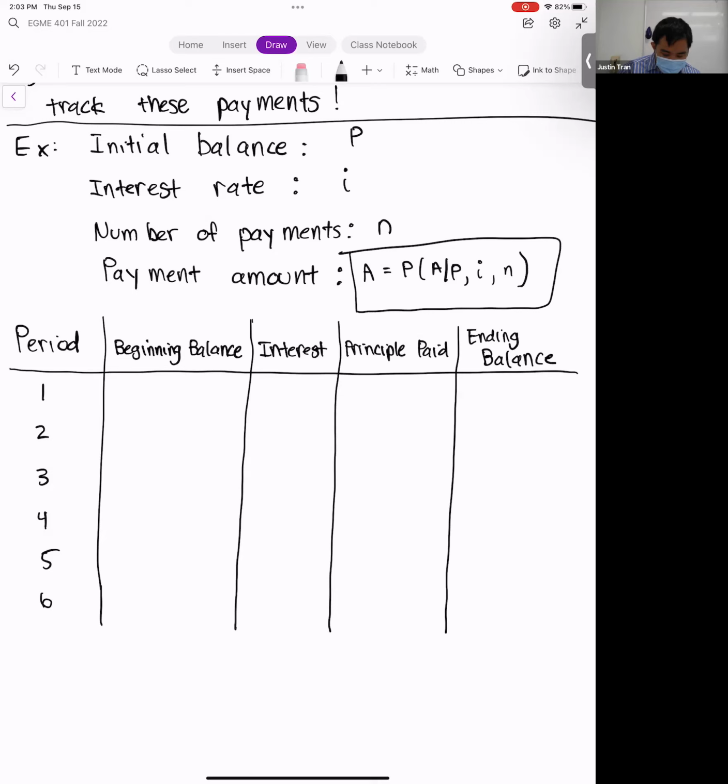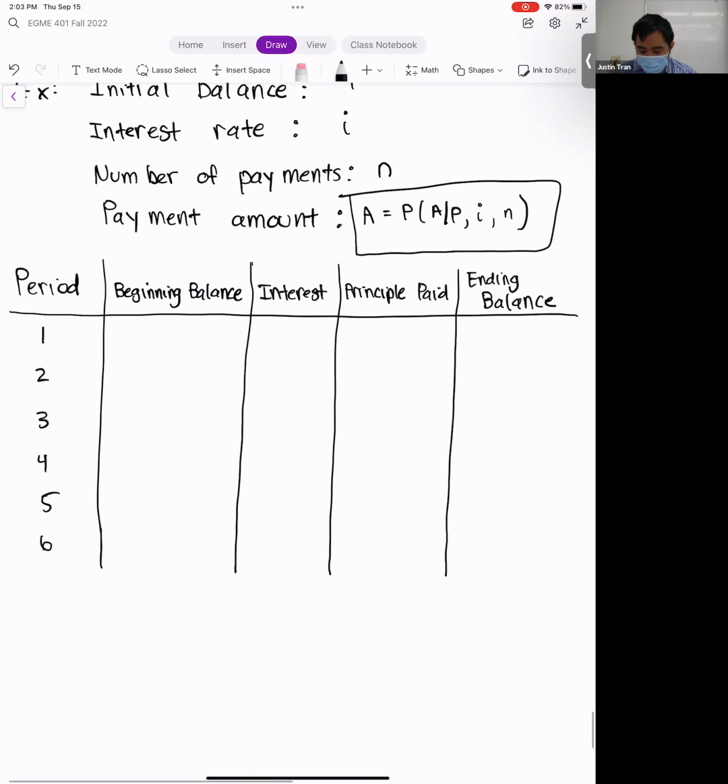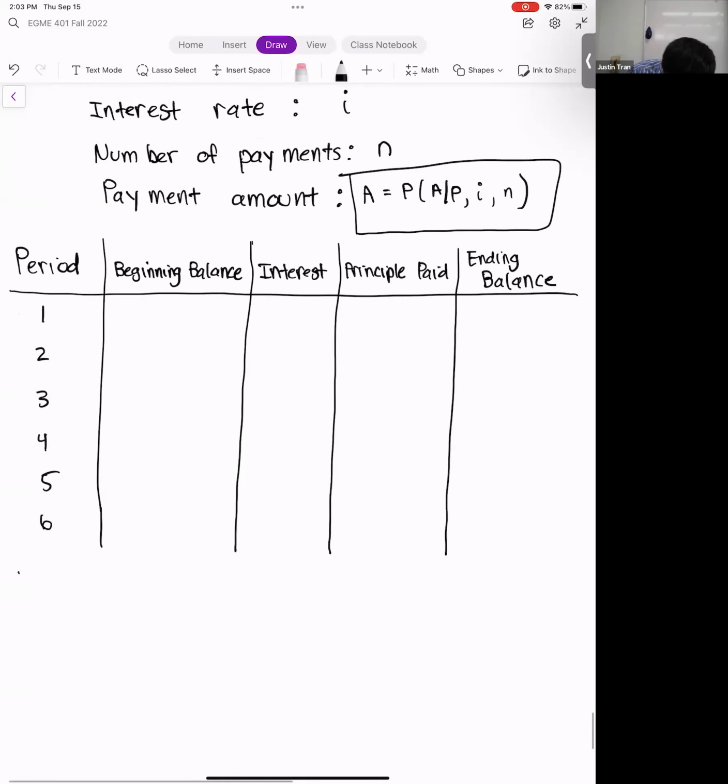So let's break down how we compute each column. Again, it's the beginning balance. This is how much money is left that you have to pay back at the beginning of the pay period.